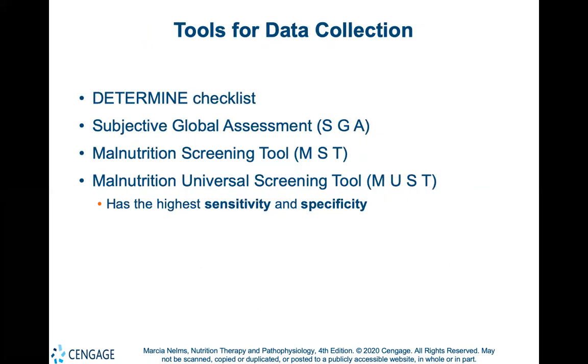Client interviews and subsequent data collection can be organized using a number of tools and instruments. Many institutes design their own data collection tools based on the nature of the population and the intended use of the data.